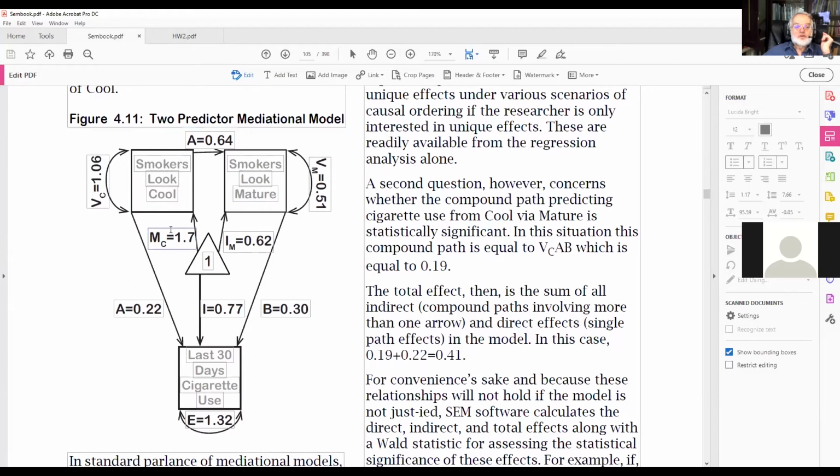Now let's take a look at what this diagram says about smokers look cool, the covariance between that variable and the criterion. Well, that's going to be 1.06 times 0.22 plus 1.06 times 0.64 times 0.30.